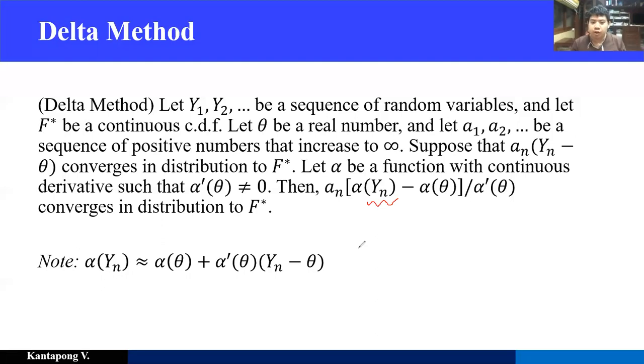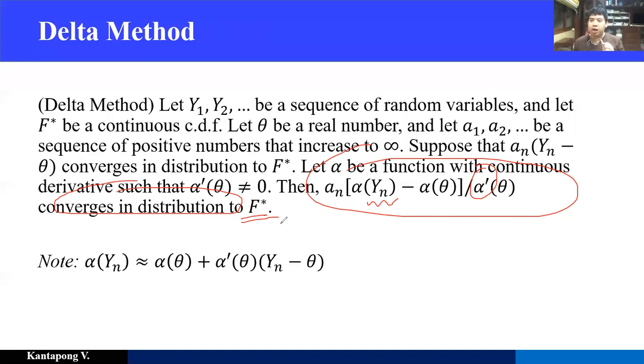But if we talk about the asymptotic distribution, you can say that g(Yn) minus g(theta) times a_n divided by g prime at theta, the first derivative at theta, converges in distribution to F star. It is the distribution that we already know.